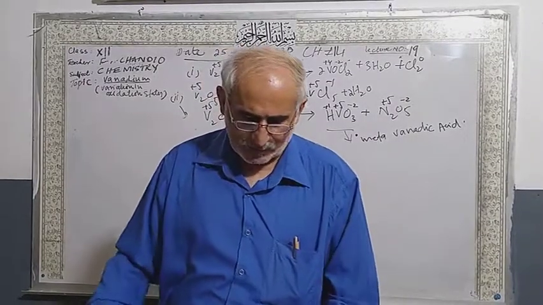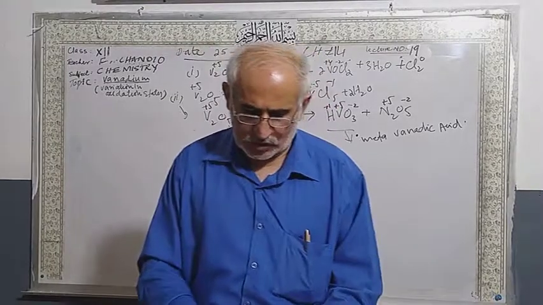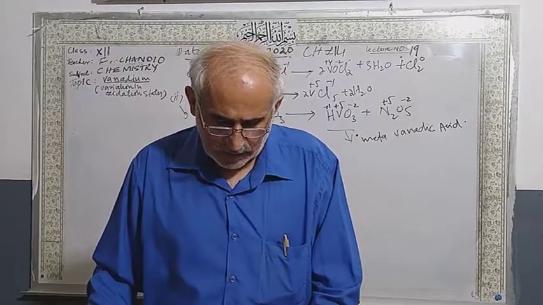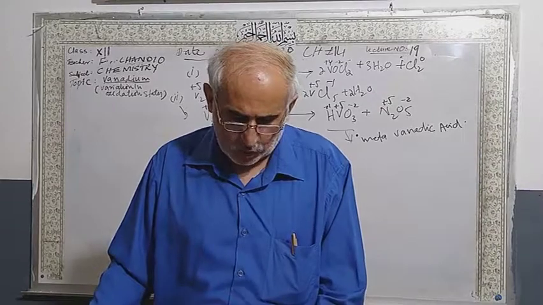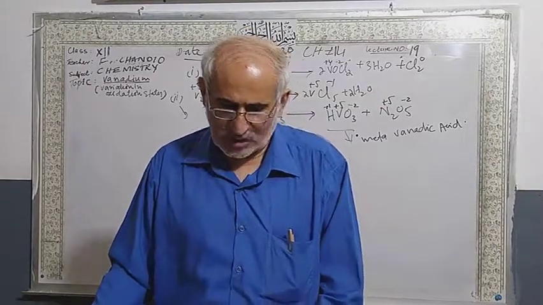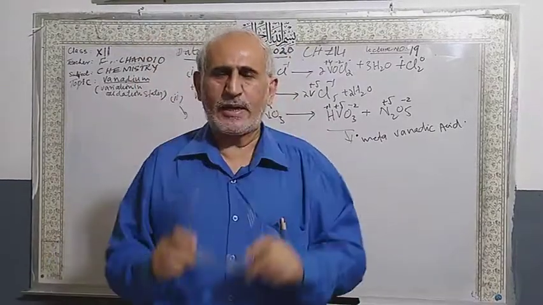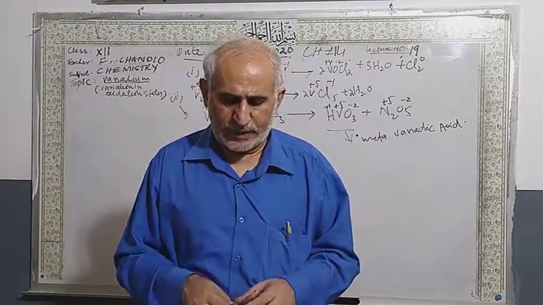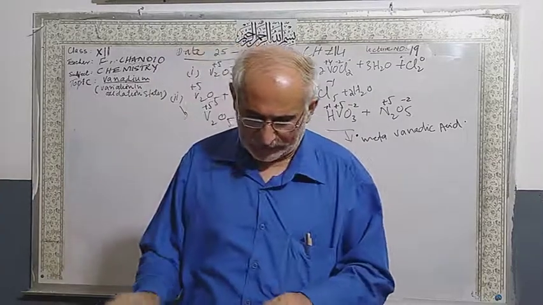Now, quick quizzes. Give a source of vanadium 5 in oxidation state. So the source is conversion of ammonium pentane, page number 74, to vanadium pentoxide. This is a source where we prepare vanadium 5 oxide from ammonium pentane. Page number 74, topic number 2 is the answer.